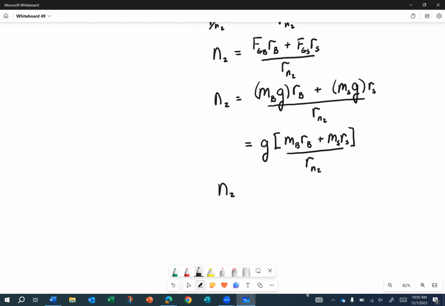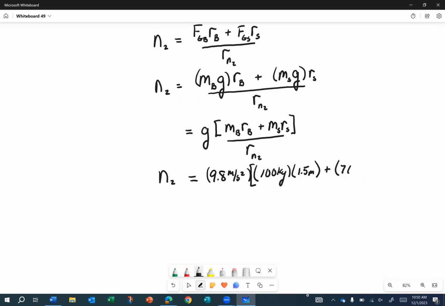So N2, the support at 2, is 9.81 meters per second squared times 100 kilograms times 1.5 meters plus 78 kilograms times 2 meters, divided by 3 meters.